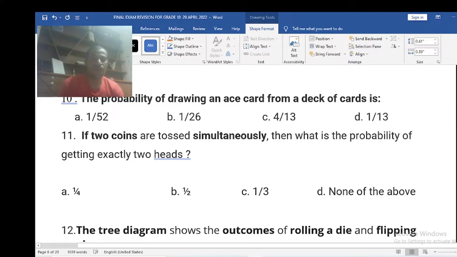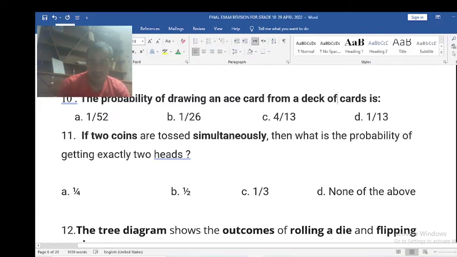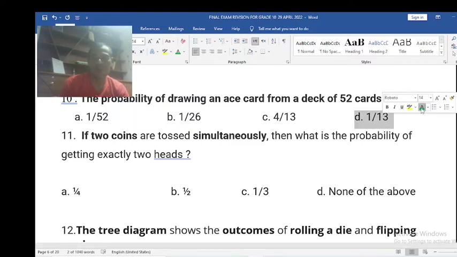Here the probability of drawing an ace card from a deck of 52 cards, we have only 4 aces, so the answer should be equal to 4 divided by 52, which is equal to 1 divided by 13 after simplifying by the common factor.